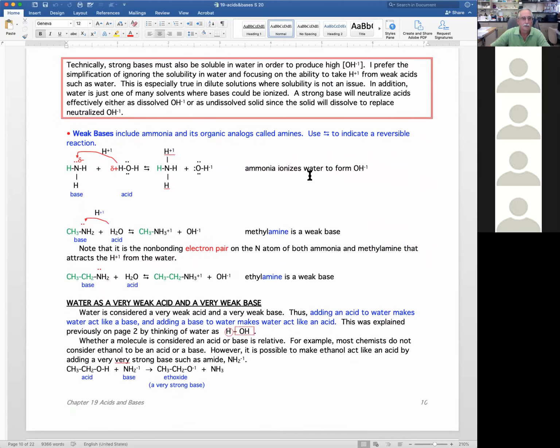Okay. So here is ammonia. You make water act as an acid. In other words, you're hydrolyzing water. Hydrolysis is simply hydrolyzing water. And of course, H plus goes from the acid to the base. So here's your conjugate acid and your conjugate base.